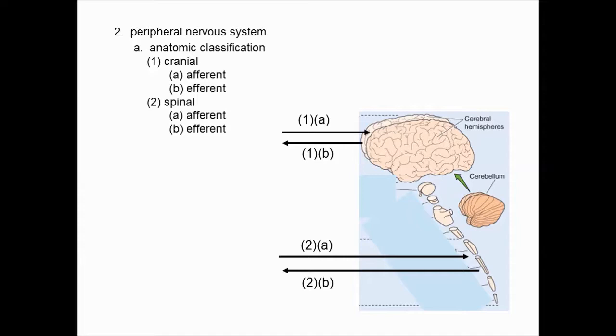So coming out from the brain is efferent and going into the brain is afferent. Cranial senses and then spinal senses would be afferent, coming from the skin and from other sensory devices in the viscera, and efferent going out to the visceral tissues.